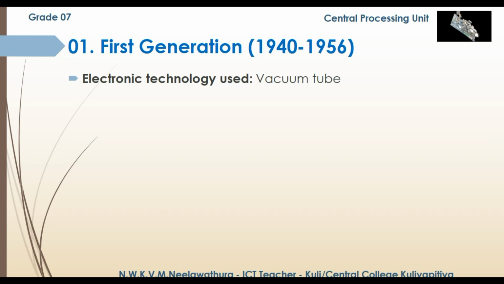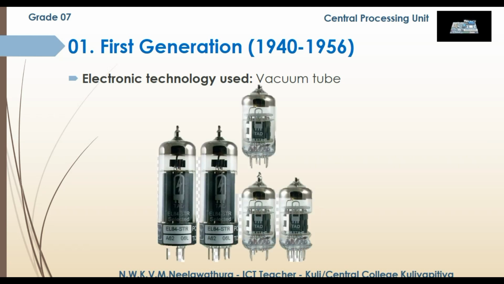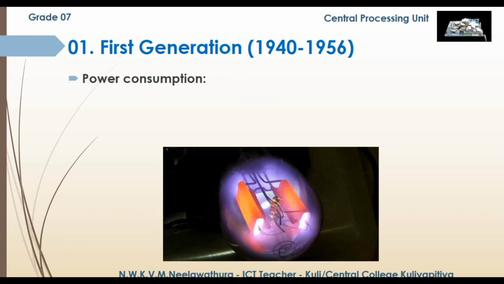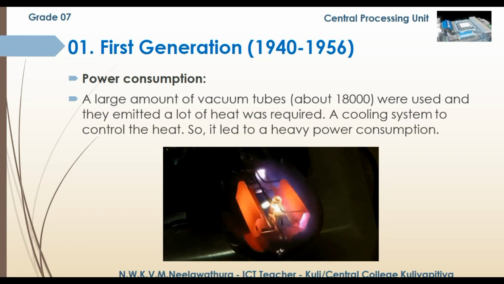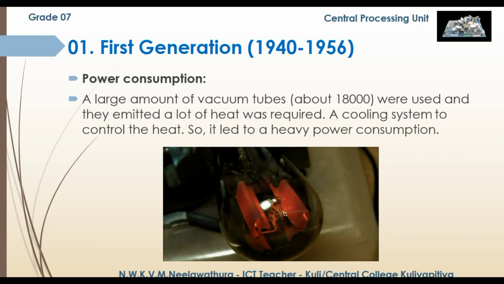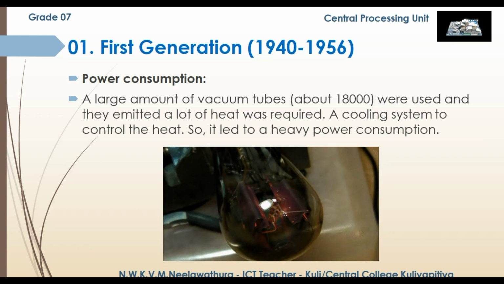First generation, in 1940 to 1956. In this generation, electronic technology used was the vacuum tube. Power consumption: a large amount of vacuum tubes were used and they emitted a lot of heat, so a cooling system was required to control the heat.